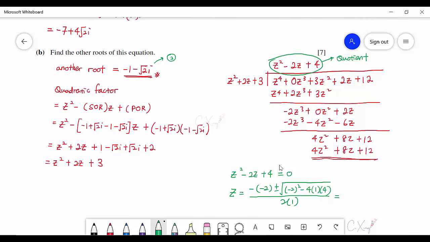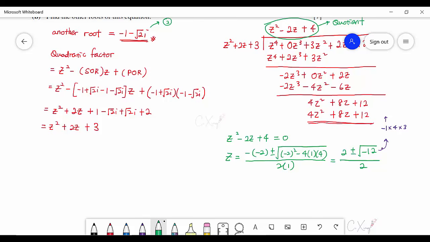If you simplify whatever you have in the bracket, you should have square root of negative 12, divided by 2. For the negative 12, you can rewrite it as negative 1 multiplied with 4 multiplied with 3. The square root of negative 1 will become i, square root 4 will become 2, and square root 3 will remain as square root 3.